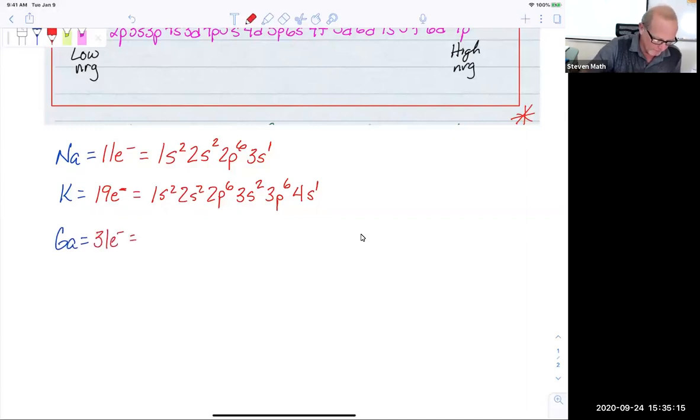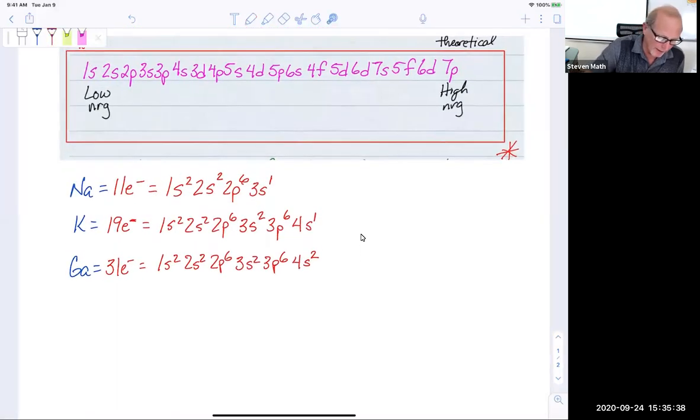We're going to go 1s2, 2s2, 2p6. That's 10 electrons. Remember, I just told you that. All right, 10 electrons filled. Now we can go 3s2, 3p6. I'm at 18. Next one up, 4s2. Now if I go back to where I am on my diagram, I filled the 4s.